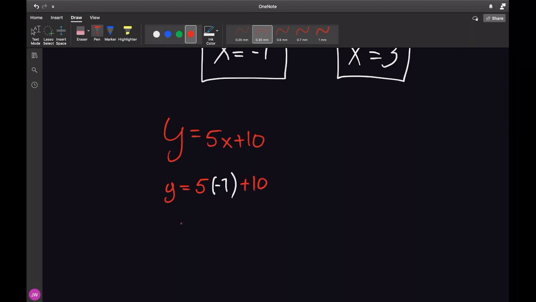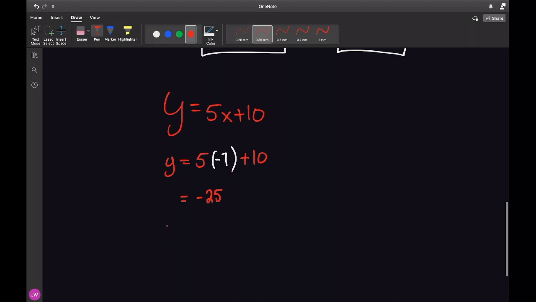So that would be negative 35, which is negative 35 plus 10, which is negative 25. So your first point of intersection is (-7, -25).